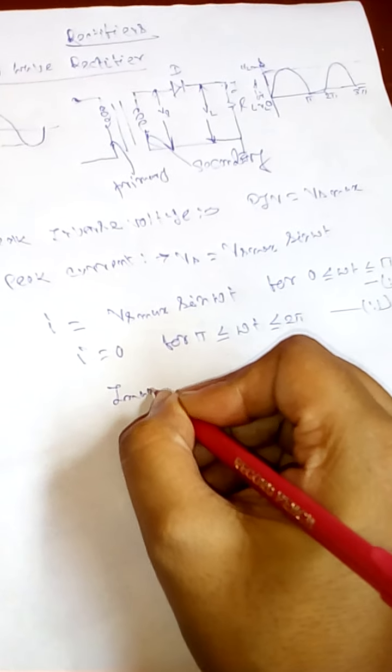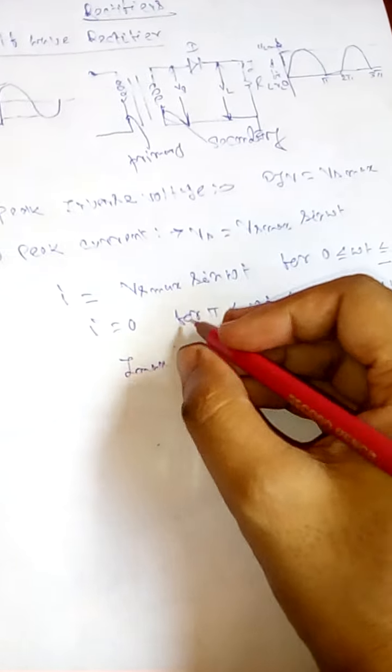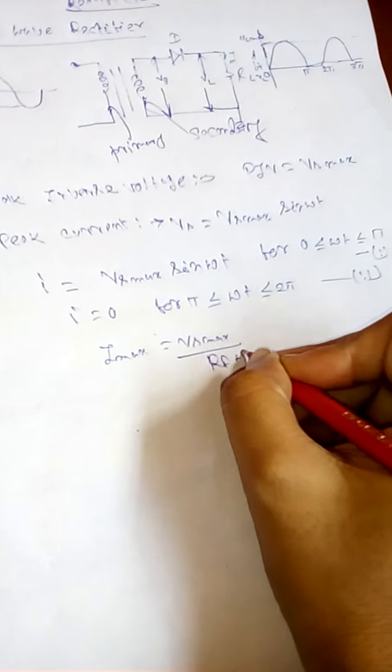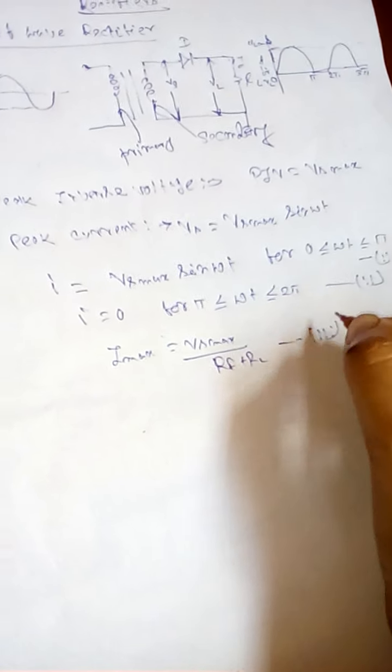So I max, the peak value of the current through the diode, is Vs max by Rf plus RL. This is equation 3.